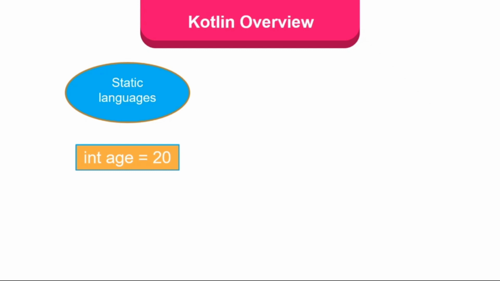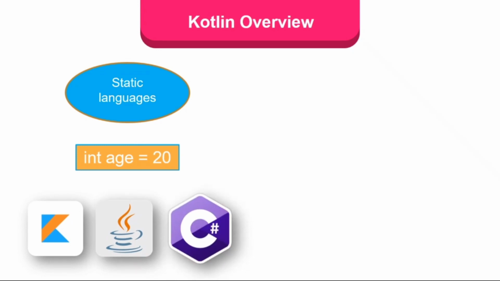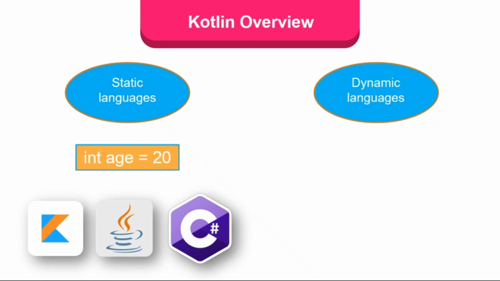Okay, so all this means that while the program isn't running yet, if you've made a mistake, it'll warn you and wait for you to correct the mistake. Languages such as Kotlin, Java, C# can be given as examples of static programming languages. Also, there are dynamic programming languages that you might be familiar with.